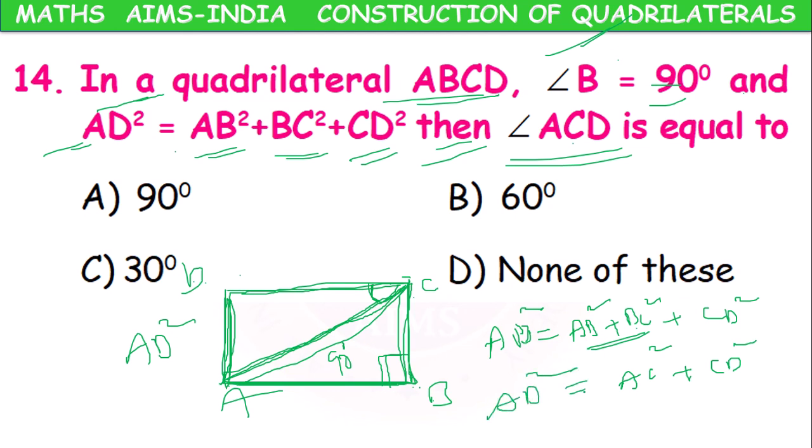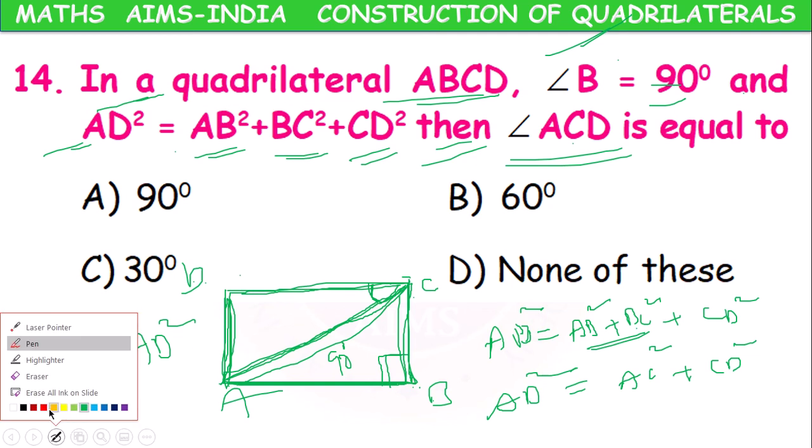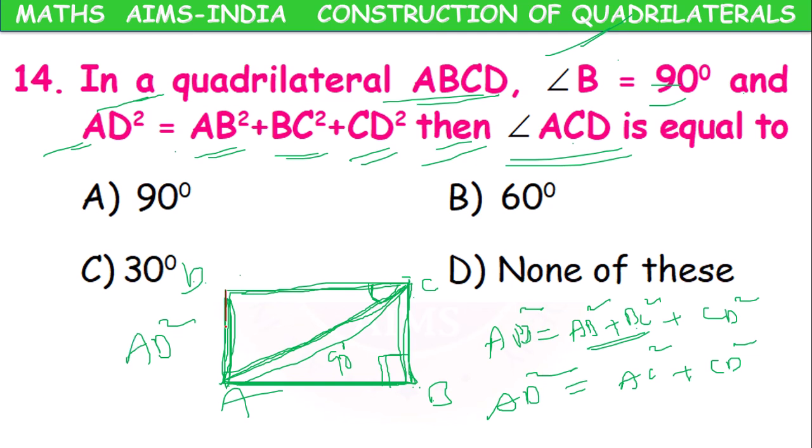So now we have AD square equal to AC square plus CD square. So this one side square equal to the sum of squares of the other two sides.